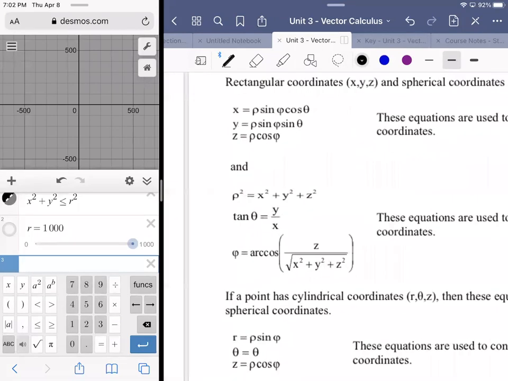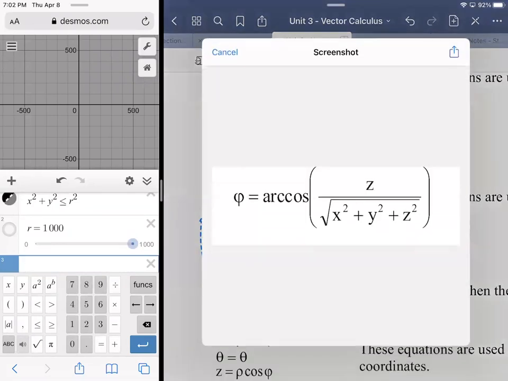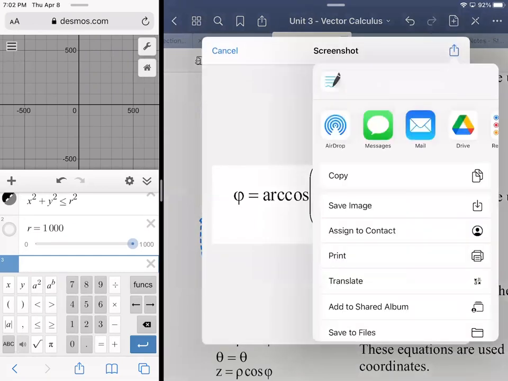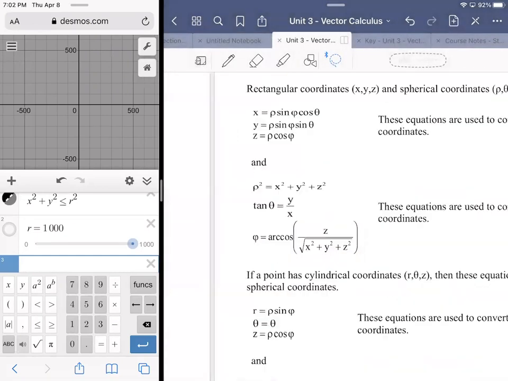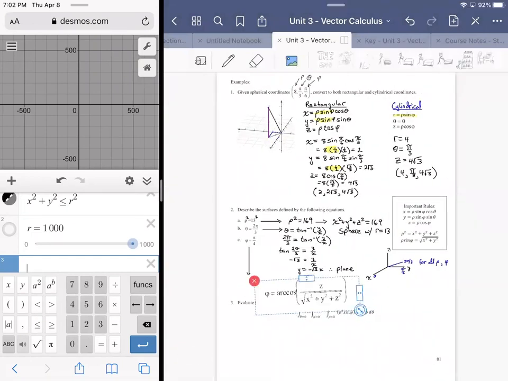All right. So that would be this one, the arc cosine. All right, so still haven't used that really important rule that I said was going to come into play yet. So you know it's coming.